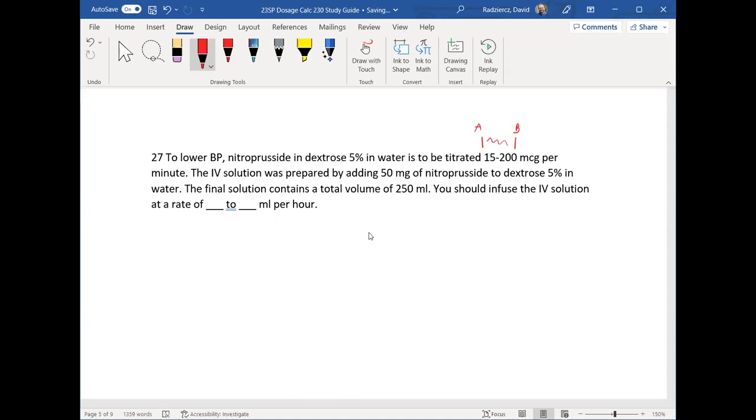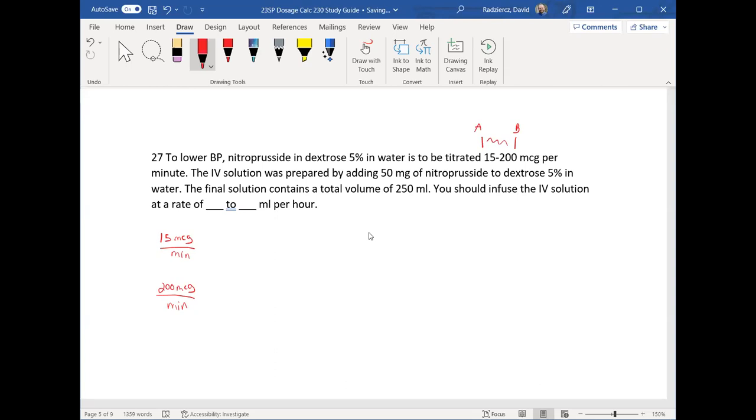Okay. So the way I would do this is I would put this together like such. So I'm just looking to see. Okay. So it tells me 15 micrograms per minute. Okay. It also tells me 200 micrograms per minute. So the first thing I'm going to do is I'm actually going to do two things.